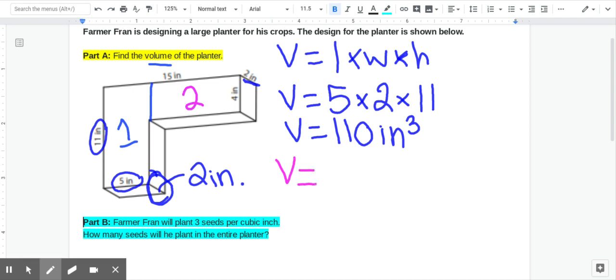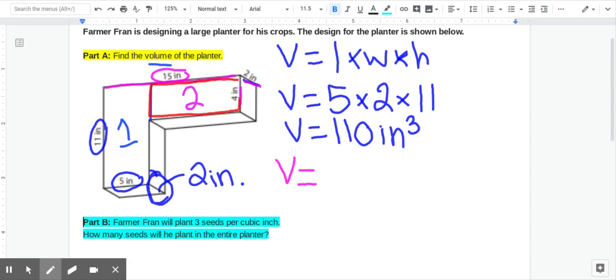So far, I see a 15 up here. I see a 2 and I see a 4. Now this 15 as our length, we know that that's stretching across this entire part of our figure. But we've split figure 2. Figure 2 is now just this long.